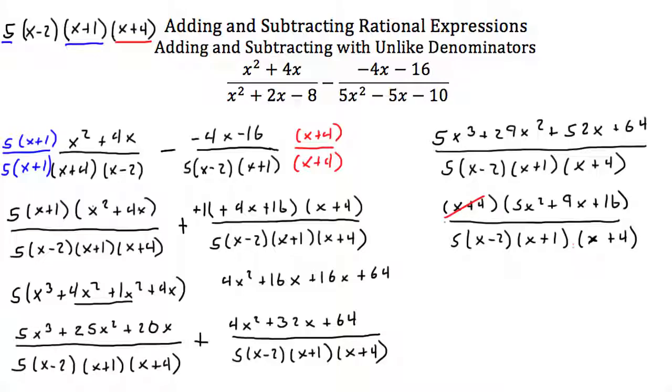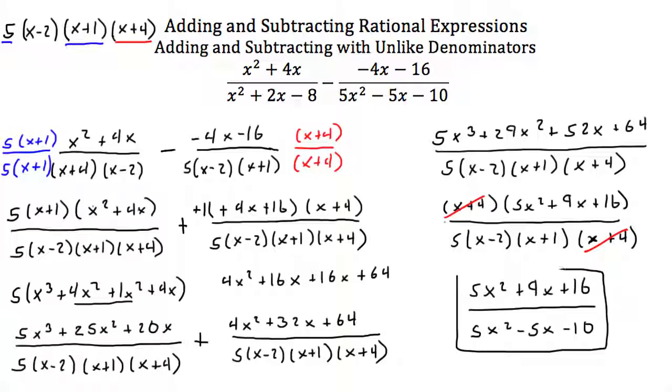So those would cancel. And we'd be left with 5x squared plus 9x plus 16 over 5x squared minus 5x minus 10. And that completes the tutorial on adding and subtracting rational expressions.